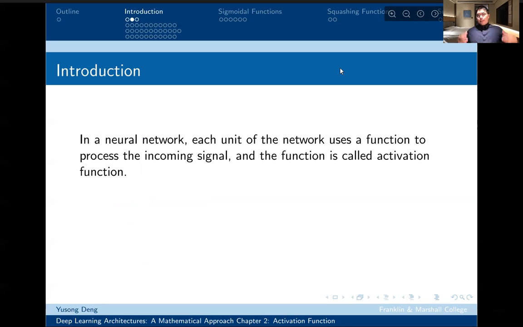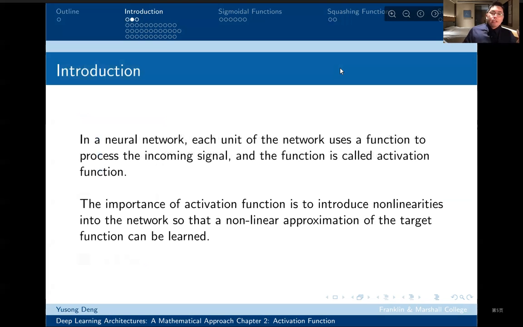In a neural network, each unit of the network will use a function to process the incoming signal, and the function we use is called the activation function. The importance of the activation function is to introduce non-linearity into the network so that a non-linear approximation of the target function can be learned.